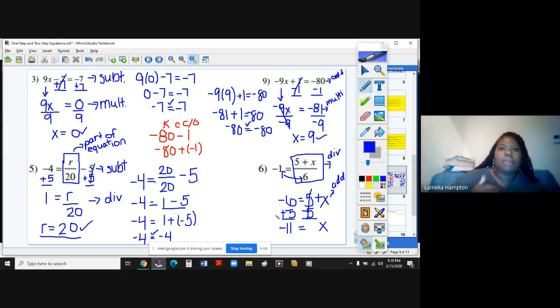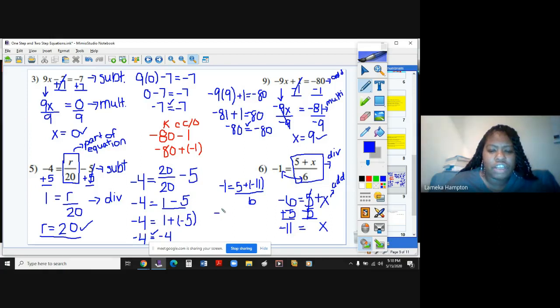So now to check my work, I am going to substitute my -11 back into the original equation for x. So this is what I have. I have -1 is equal to 5 plus, and I'm going to put -11 in parentheses, and that is going to be over 6.